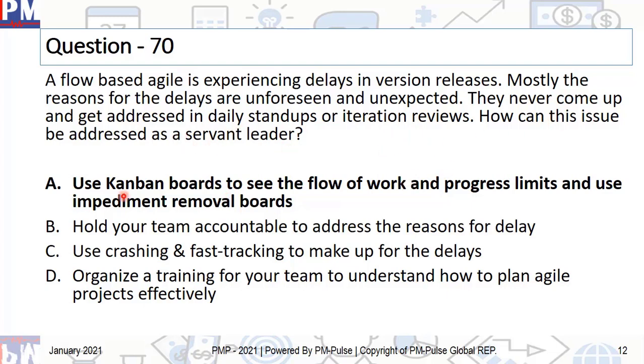So the best thing is to use the Kanban boards, see the flow of work and the progress limits, and use impediment removal boards. You need to understand that an impediment removal board is nothing different from an issue log, except this issue log is called an impediment removal board in Agile, and you have to prioritize all the impediments or blockers which are stopping the work from happening.